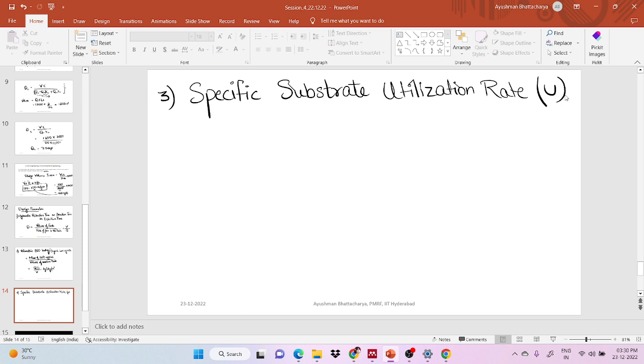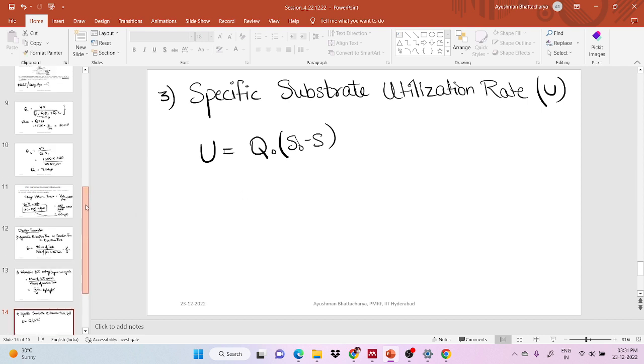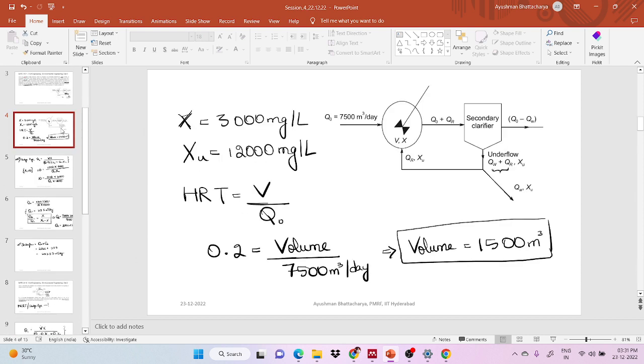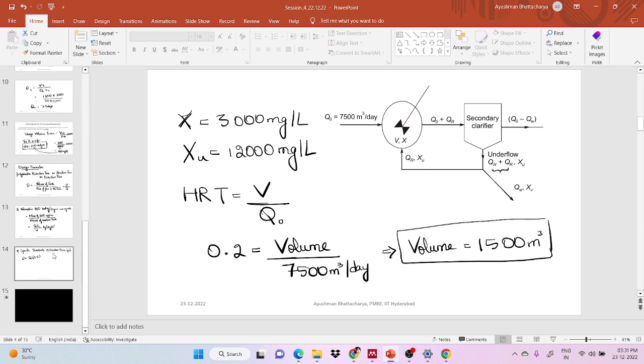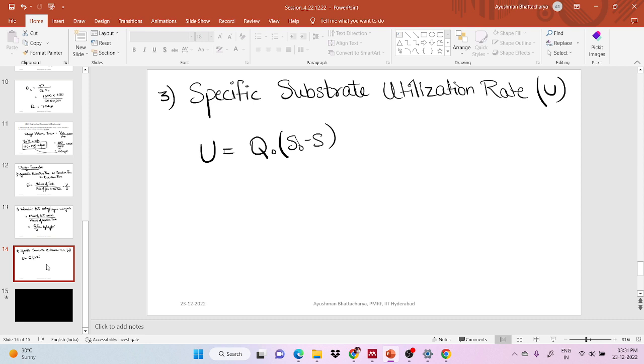We denote it with U. So specific substrate utilization rate U is equal to Q S naught minus S by V X. You just remember Q S naught by V X.